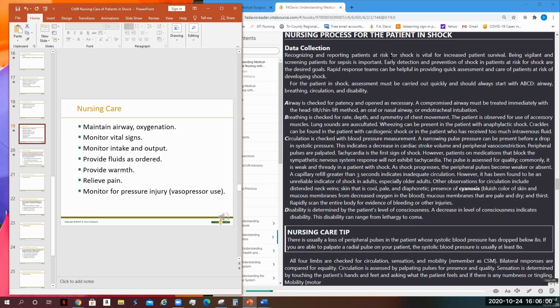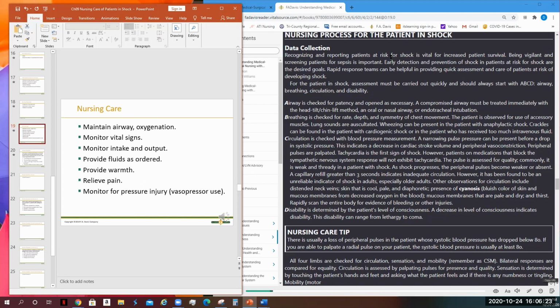For the patient in shock, assessment must be carried out quickly and should always start with A, B, C, D: airway, breathing, circulation, and disability. Airway is checked for patency and opened as necessary.